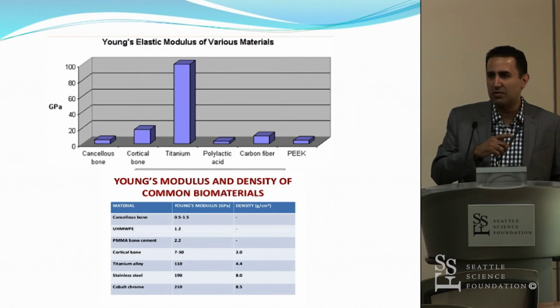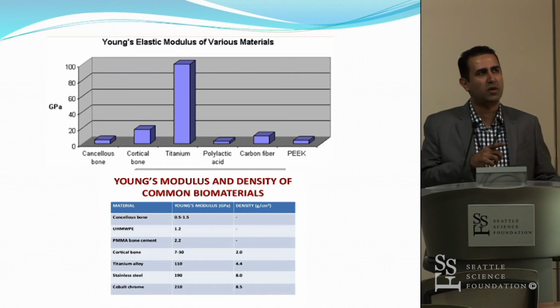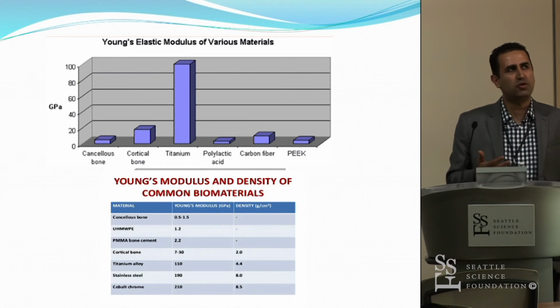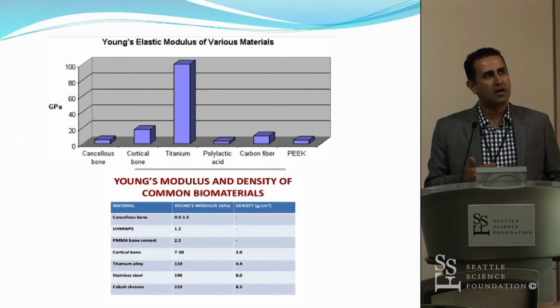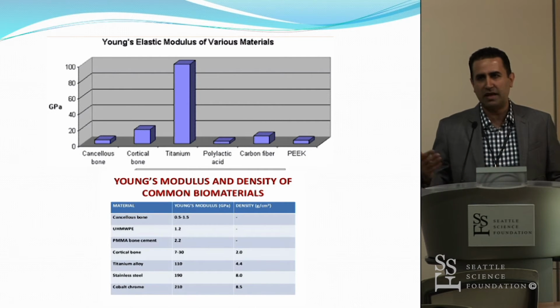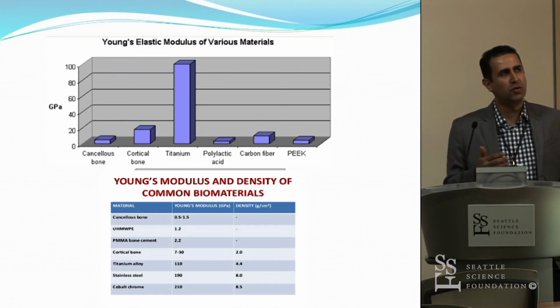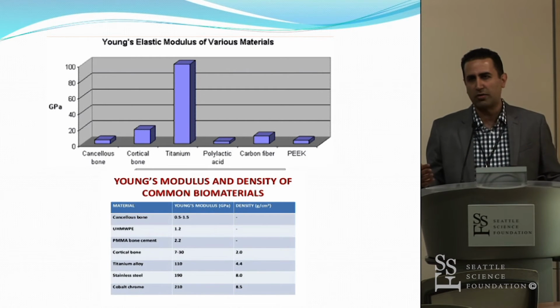So titanium, which is the most common implant that we use, has a huge elastic modulus or stiffness measured in gigapascals, compared to cancellous or cortical bone, cancellous bone typically being about 0.5 all the way up to about 20 or 30 with cortical bone.